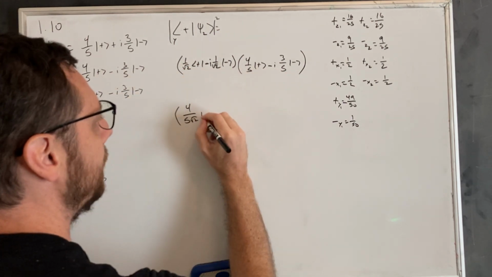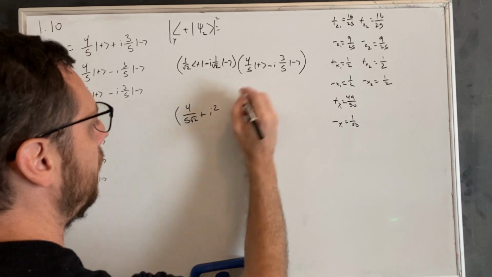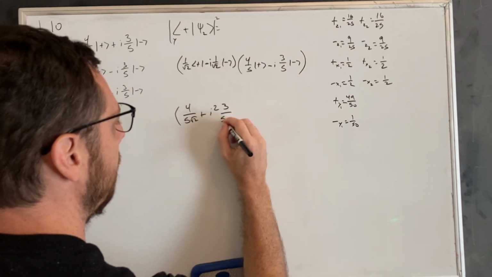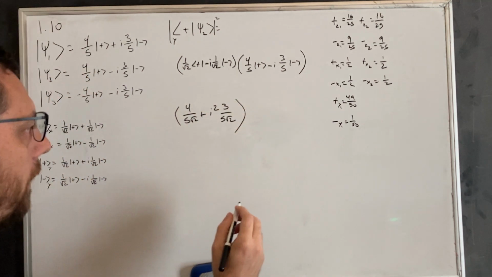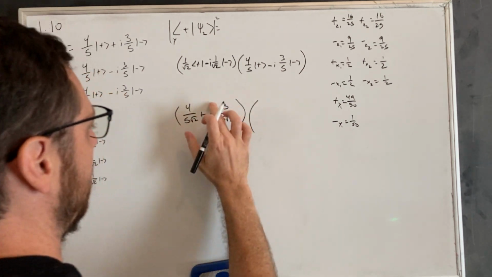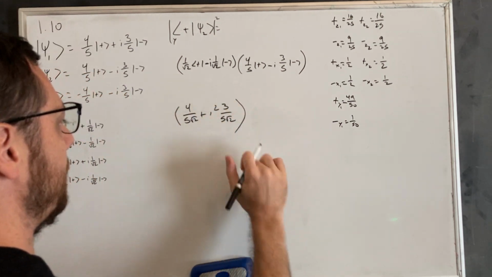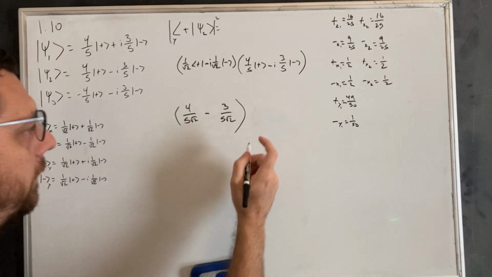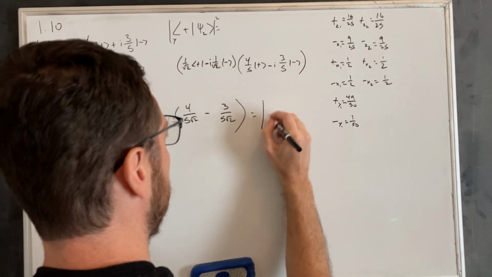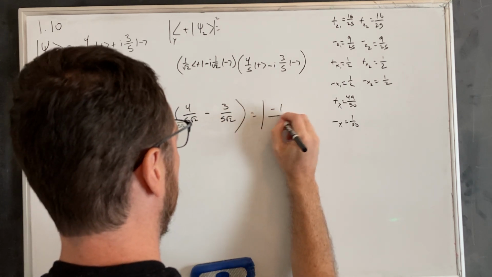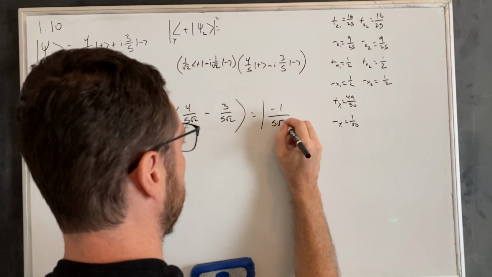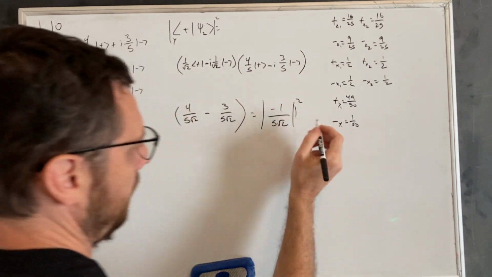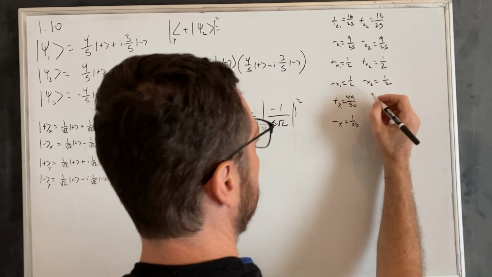Our last term is going to be plus I squared 3 over 5 root 2. And then multiply that with this. No, we don't need to complex conjugate that because this I squared is going to flip the sign. We have a minus here. So it's going to be a negative 1 over 5 root 2 squared, and that's going to be 1 over 50.